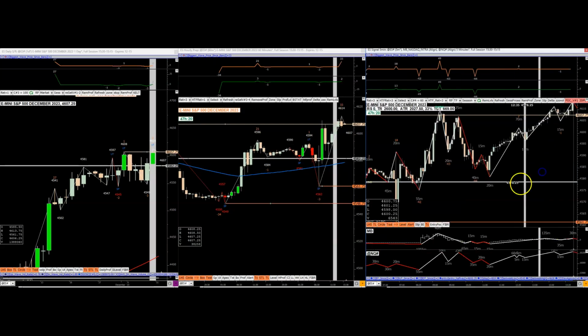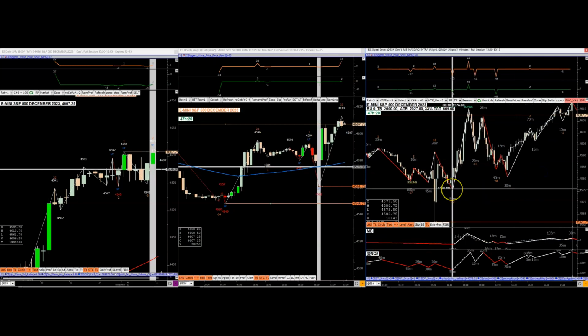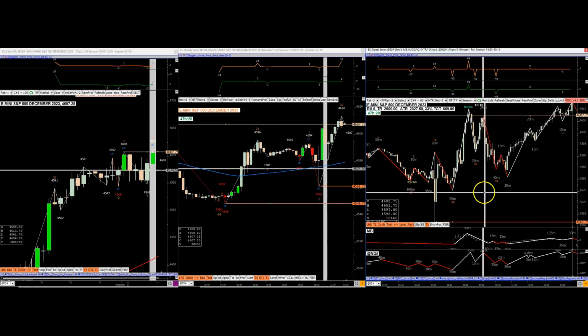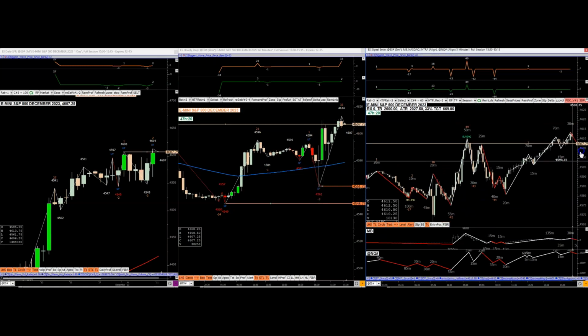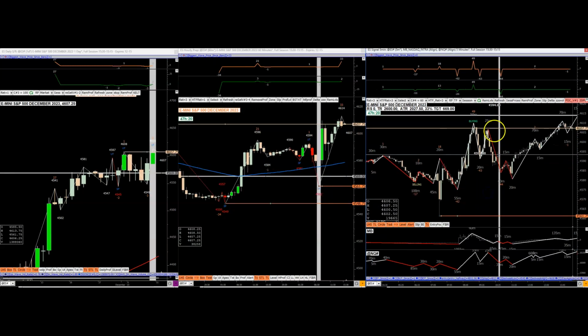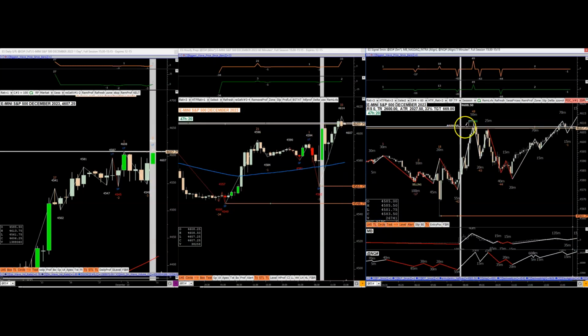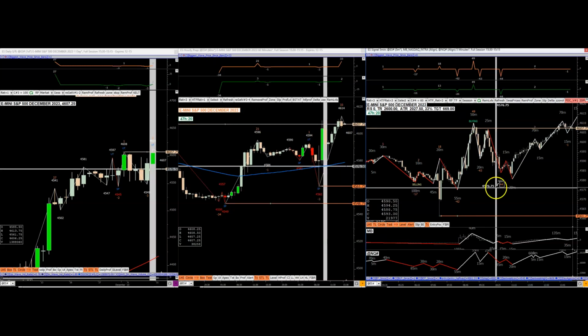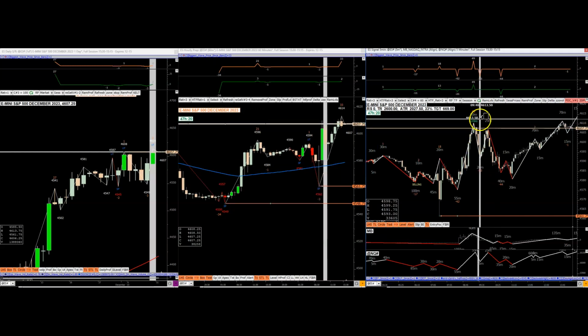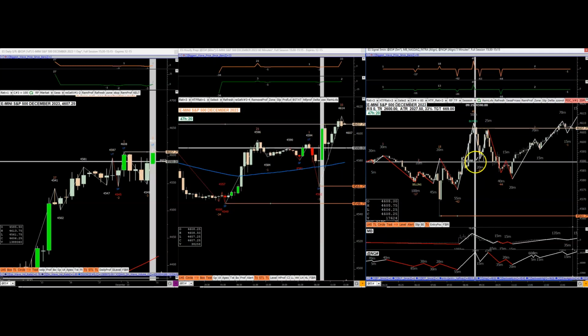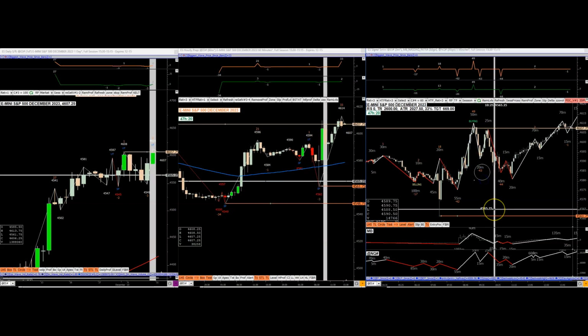Now let me just say this is a little bit challenging to trade, because this was news. Why? There's a key daily level up here. So the sellers stepped in and they sold with very heavy pressure.